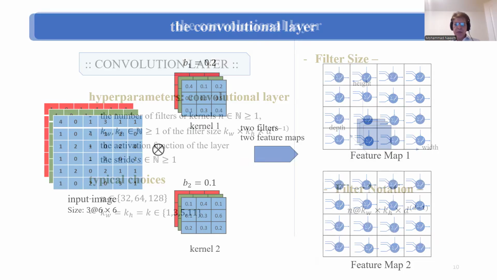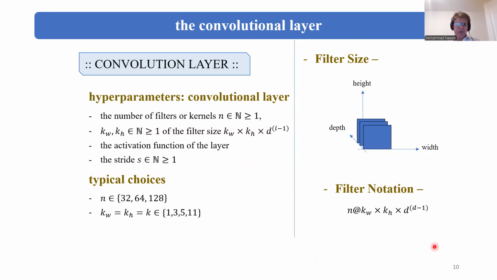An important consideration in the design of a convolutional layer in a CNN is the choice of the right convolutional hyperparameters, which include the number of filters to use in a convolution layer, the size of the filter, and which activation function.